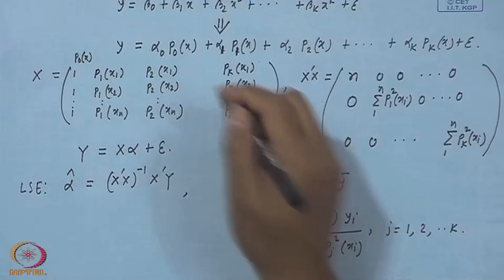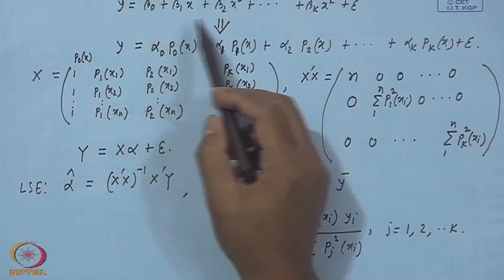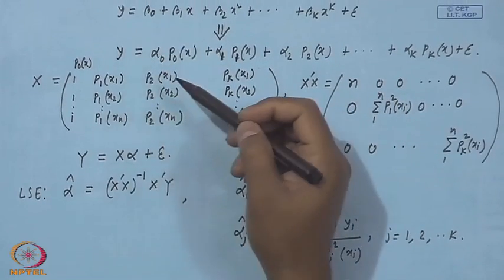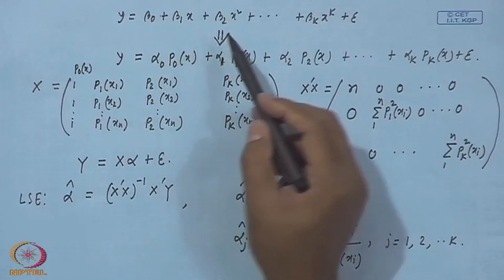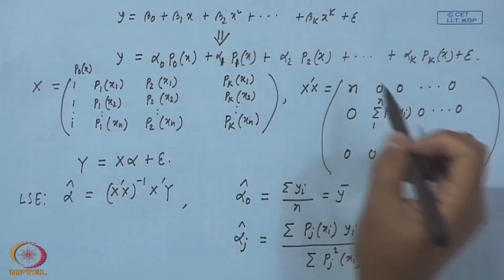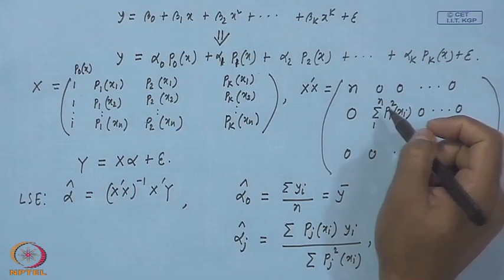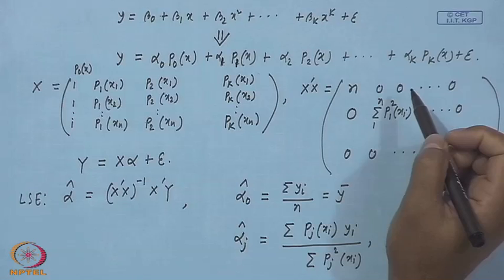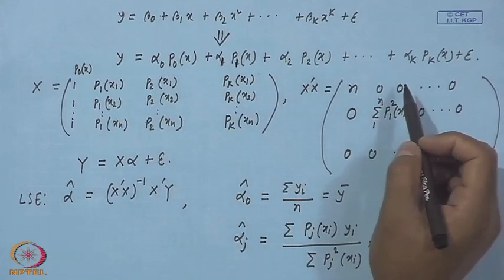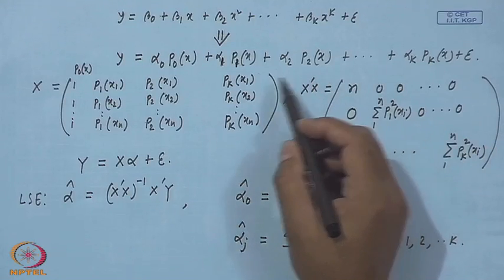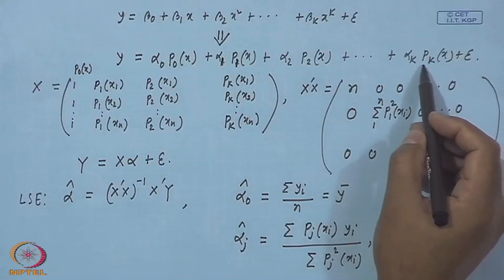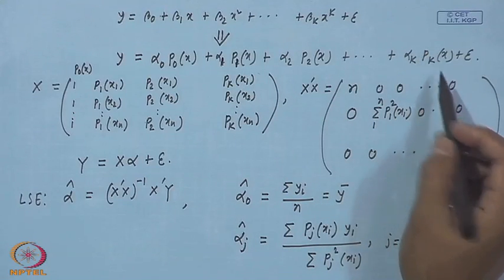So, this is the kth order polynomial in one regressor variable x. The model is y equal to beta naught plus beta 1 x plus beta 2 x square plus beta k x to the power of k plus epsilon. And we have realized that instead of fitting this model, there are several advantages if we fit this model, where P 1 is an orthogonal polynomial of order 1, and similarly P k is an orthogonal polynomial of order k.